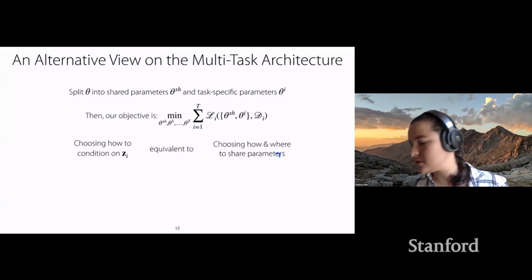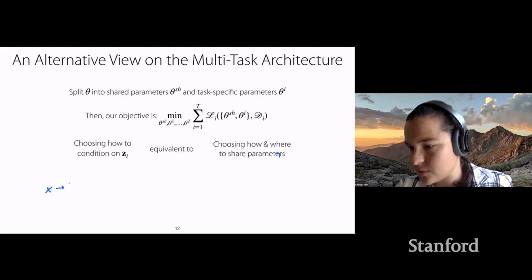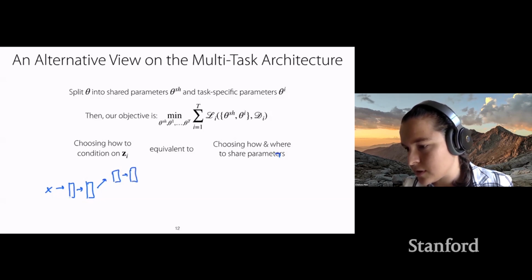Yeah, and the way that you can see this is if you take a simple architecture, say you have a simple architecture that looks like this, where you have a couple layers and then you split off into two different heads.